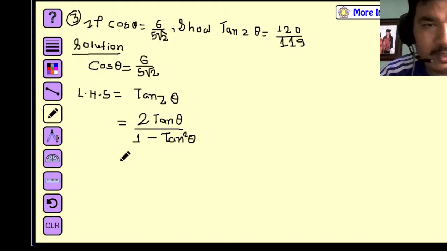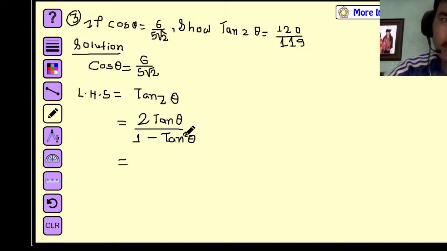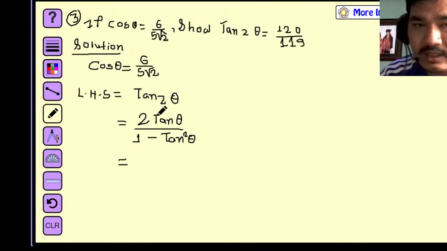Okay, then after this, what to do? See here, in this question the value of cos theta is given, but tan theta is coming in the expression.